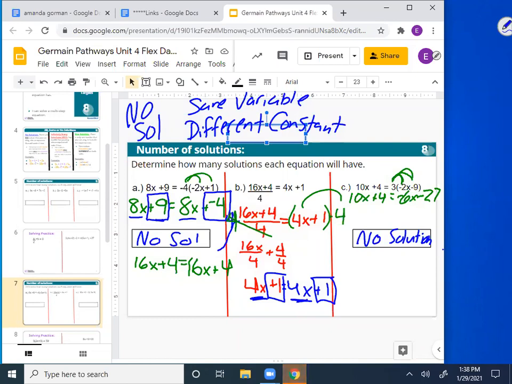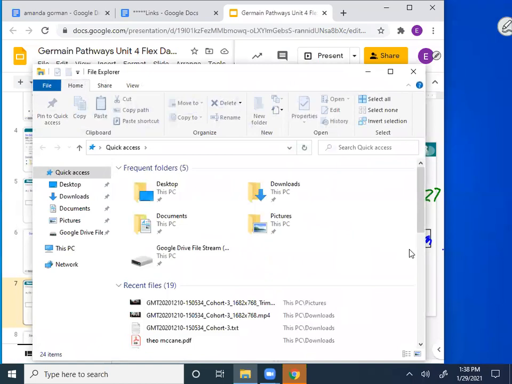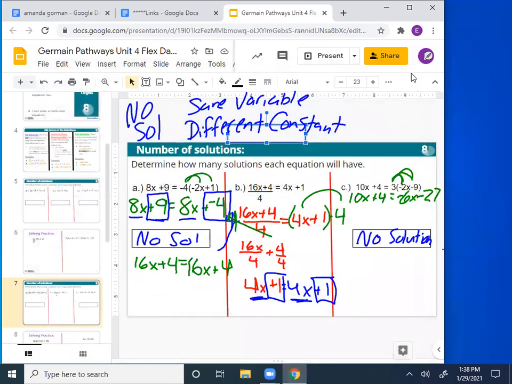This isn't going to be no solutions because we have a variable of 10x and a variable of negative 6x. So if we have different variables, how many solutions does that mean we have? Avery, one solution. Not no solutions, one solution.